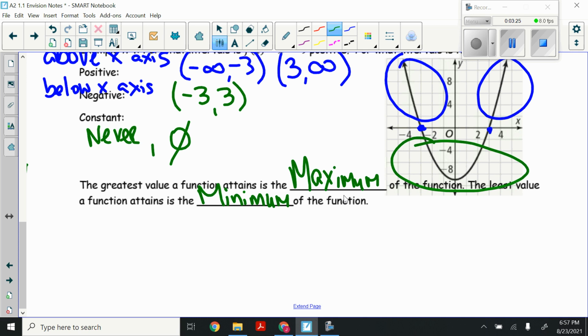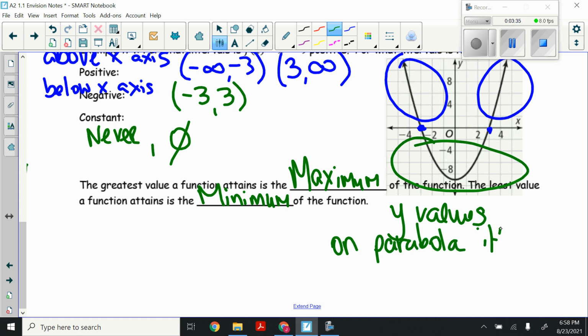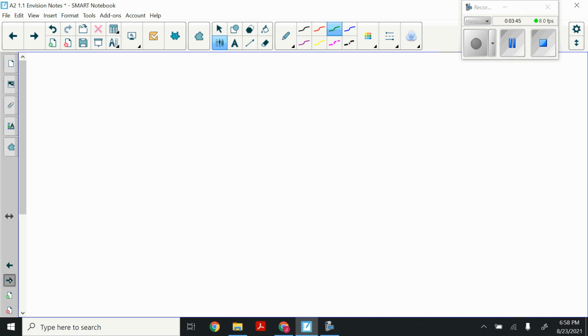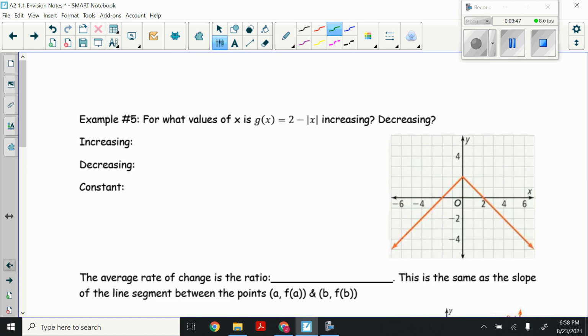These are y values. On a parabola, the y value of our vertex will be your maximum or your minimum point.